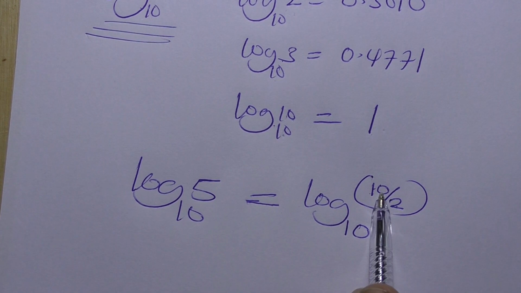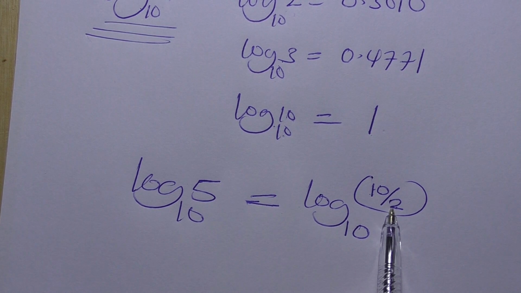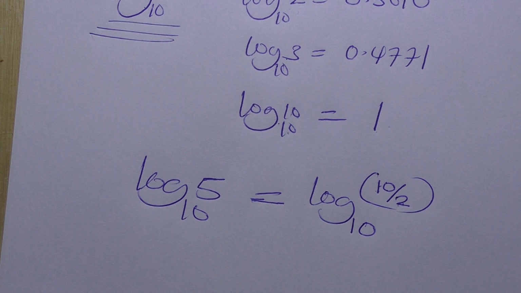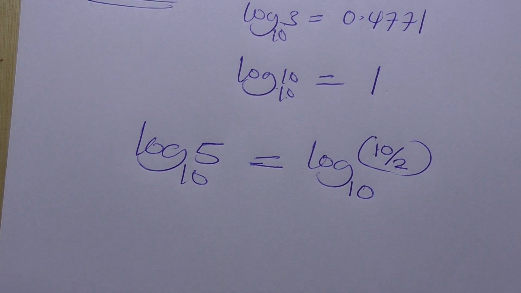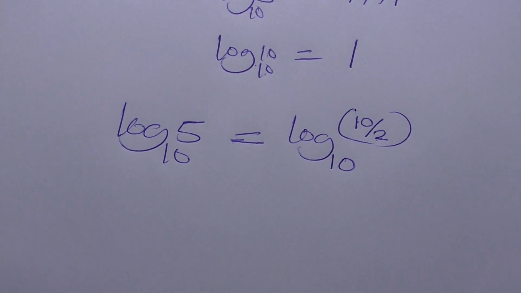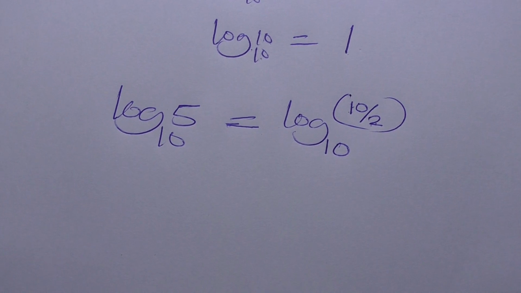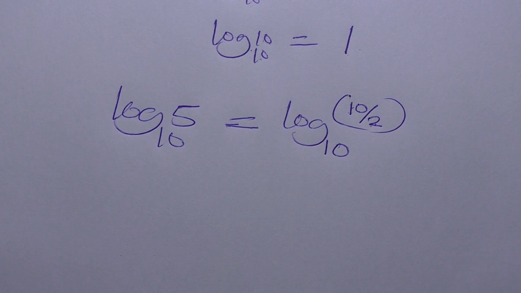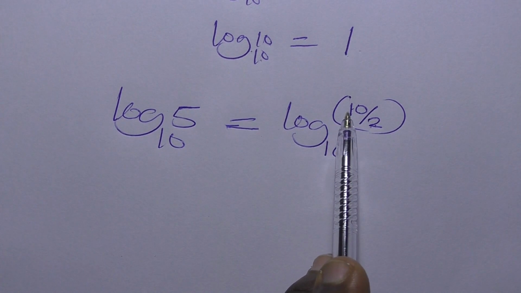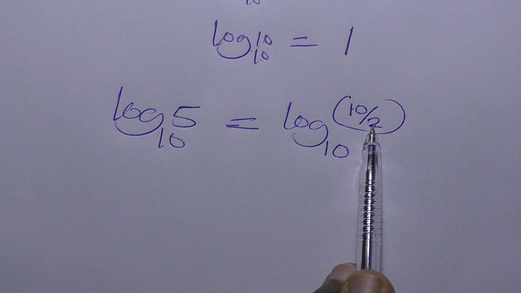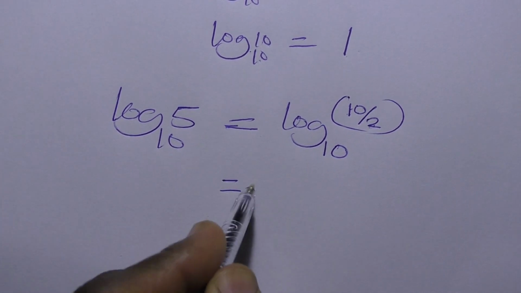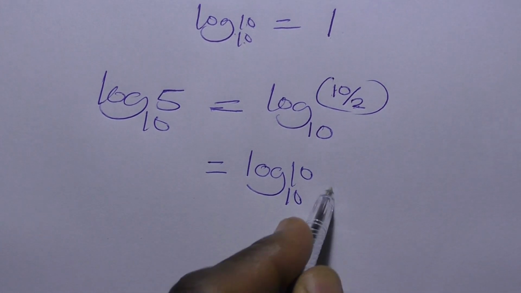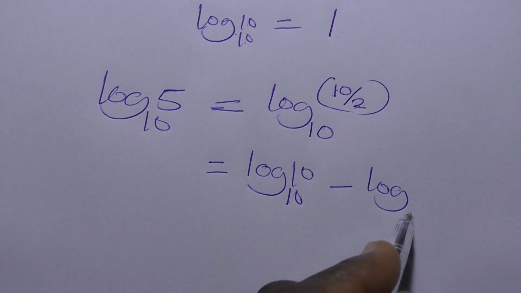However, what gives me division? Division is from the law of subtraction. When do I divide the powers? I only divide the powers when I'm subtracting the logarithms. And the law says I divide the first power by the second power. So this implies that initially it was log 10 minus log 2.